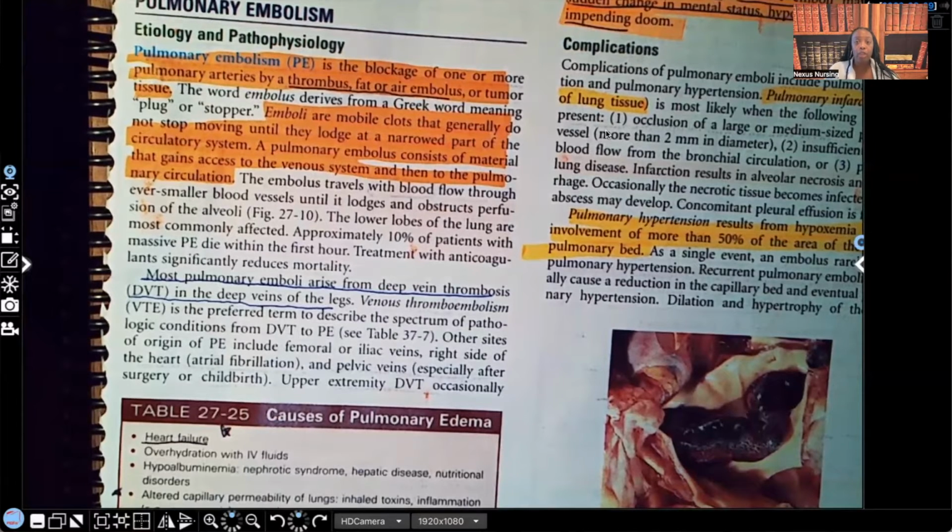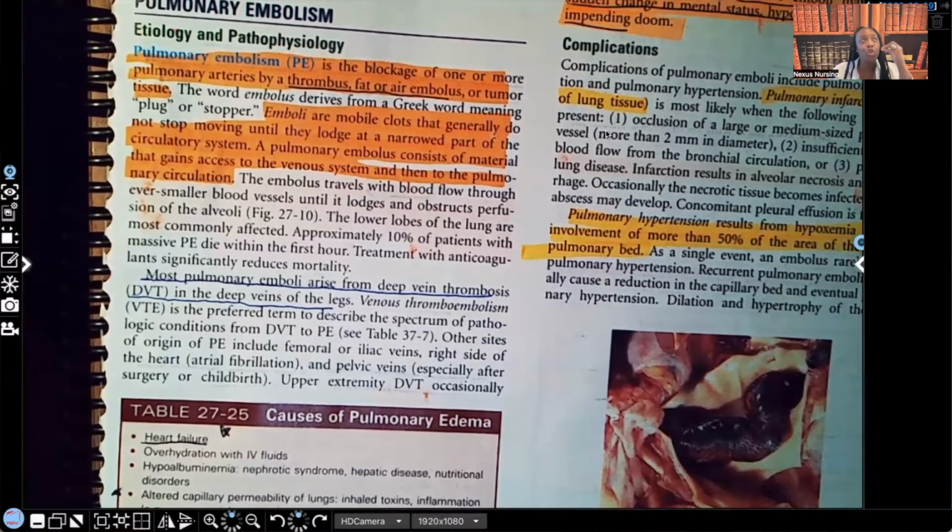So already we know there's going to be a problem with circulation. Already we know there's a problem with blood flow. Already we know there's a problem with oxygen getting to where it needs to go, because remember, oxygen is carried in the hemoglobin, which is carried in the red blood cell, which is part of what? The blood. So reading those two sentences right there just told us a lot of things, but you have to take the time, guys, to stop and make sure you understand what you are reading.